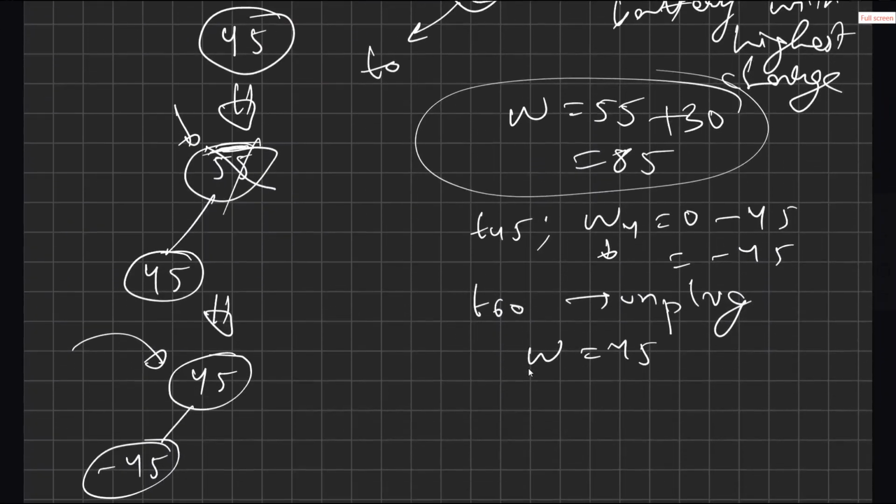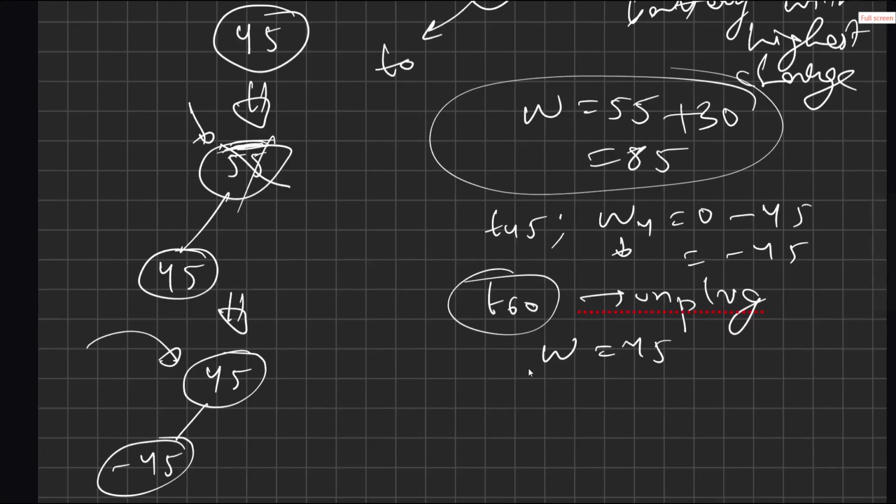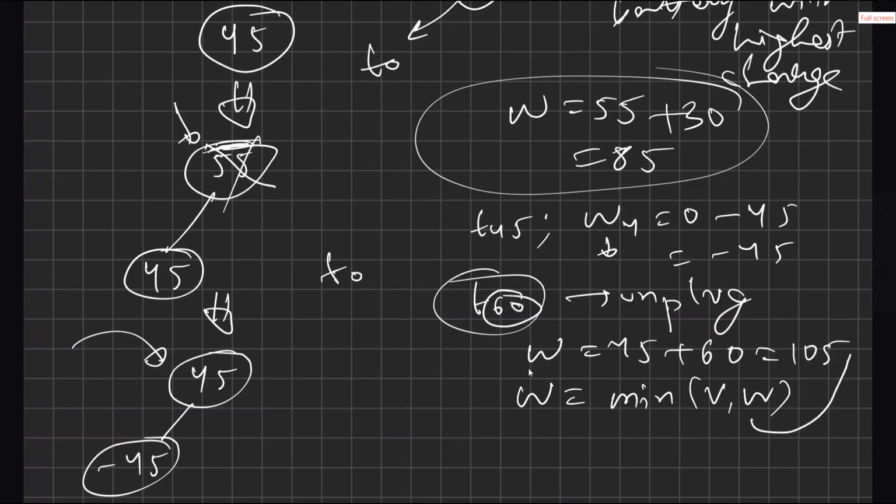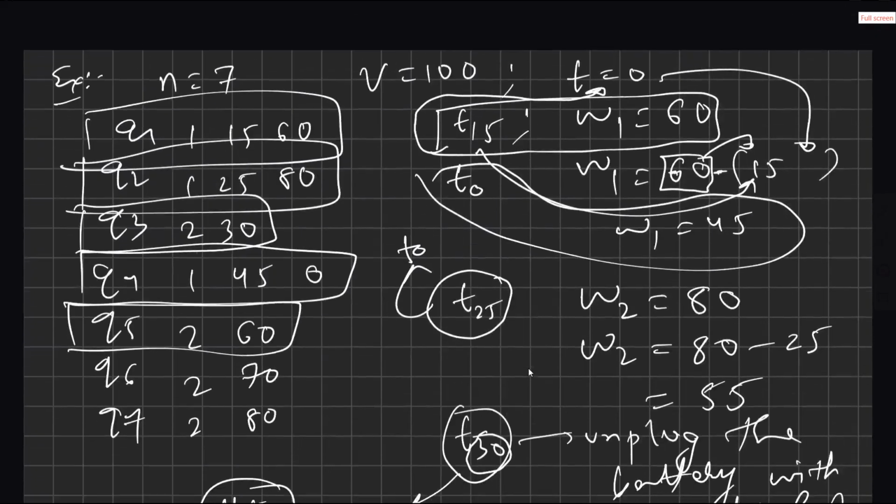So what are we missing? This base time. You have to reference with time 0, which means now we'll be adding 60. When you add 60, it will be 105. But whatever voltage you display will be the minimum of V and this particular V, where this V is the calculated value. So the minimum of V is 100 here.